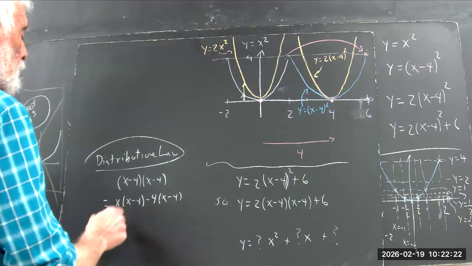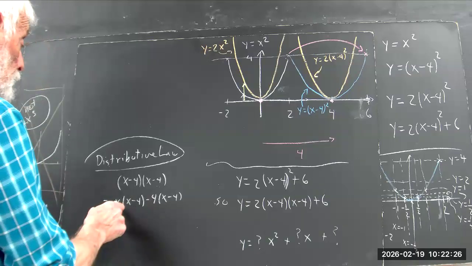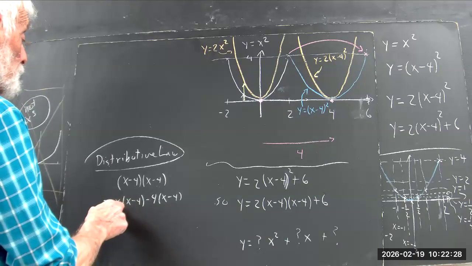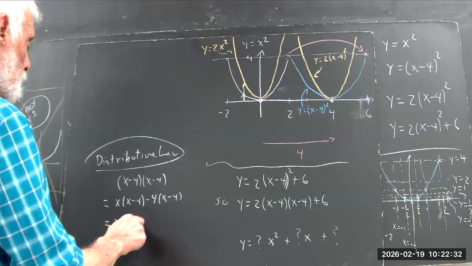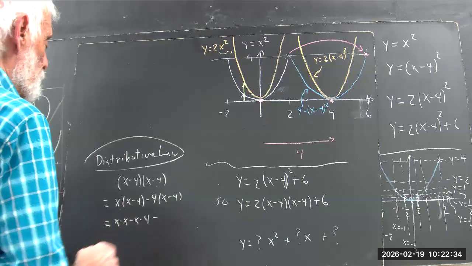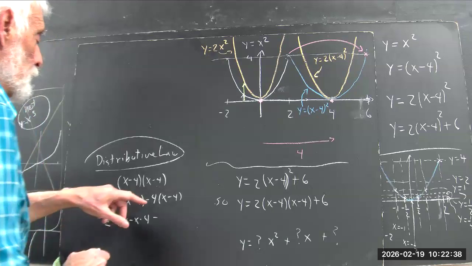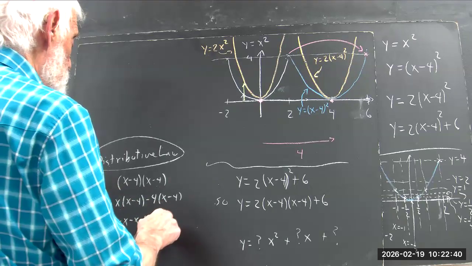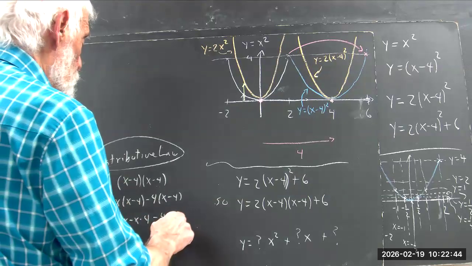Okay, anyhow, x then times the quantity x minus 4, we have to apply the distributive law again. That means x times x minus x times 4. Then minus 4 times x minus 4. Well, minus 4 times x is minus 4x. And minus 4 times minus 4.